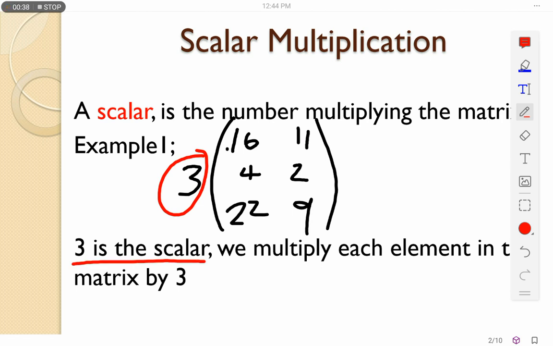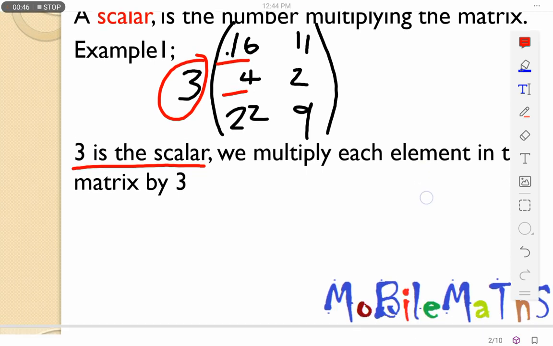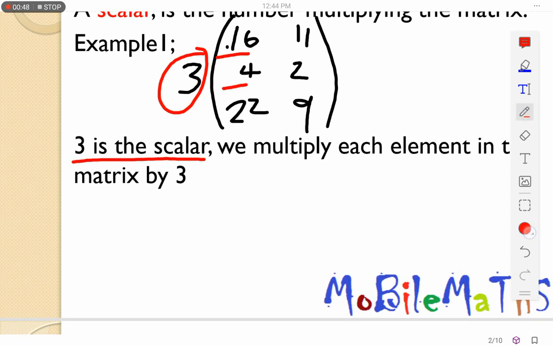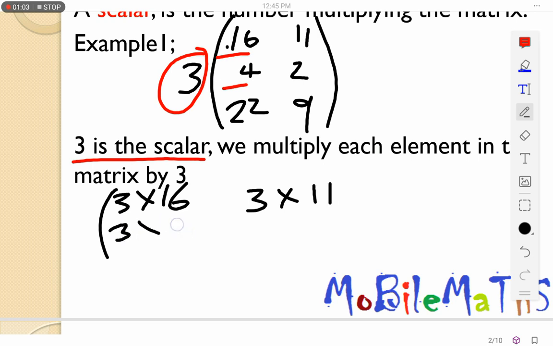So we have 3 times 16, we get a value. 3 times 4, we get a value. Let's do that. So we'll write 3 times 16, 3 times 4, 3 times 2, 3 times 11, 3 times 22, 3 times 9.